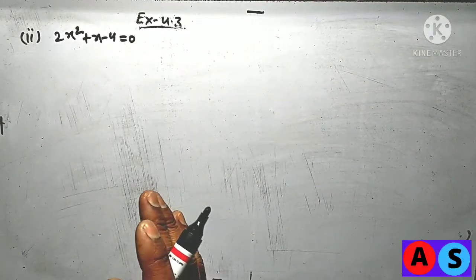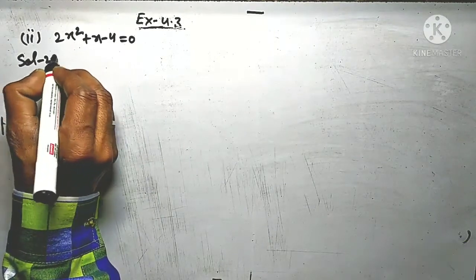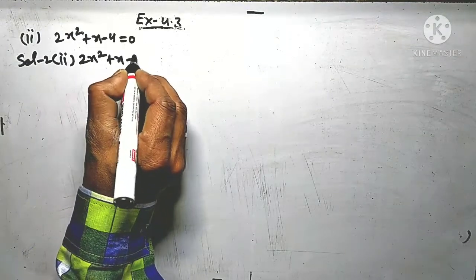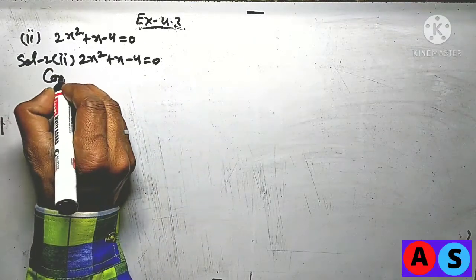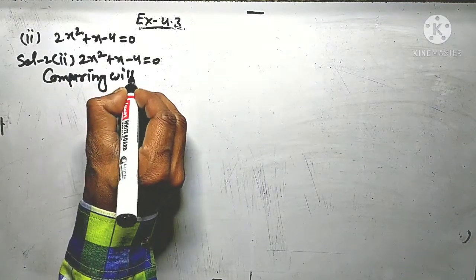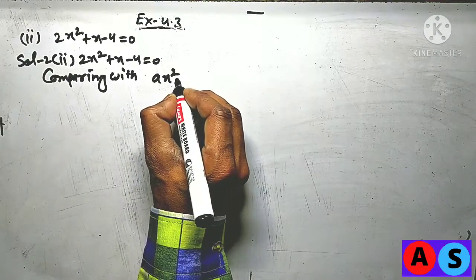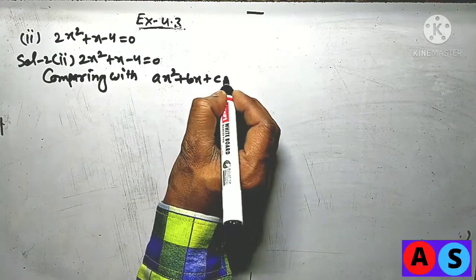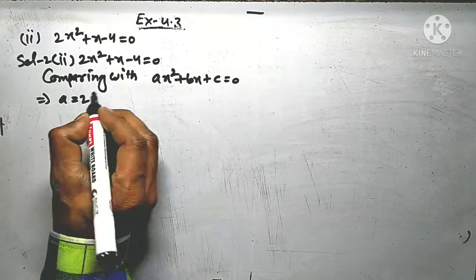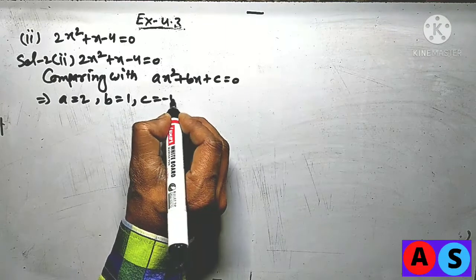Second part is 2x square plus x minus 4. Solution to part second. 2x square plus x minus 4 is equal to 0. Comparing with general quadratic equation ax square plus bx plus c is equal to 0 implies that a is equal to 2 comma b is equal to 1 comma c is equal to minus 4.